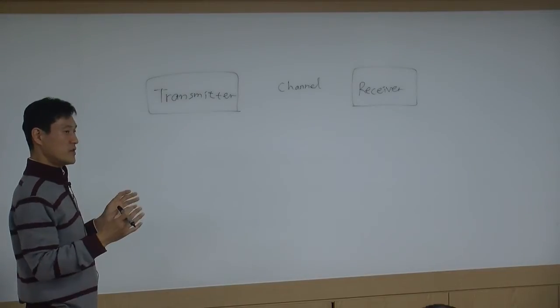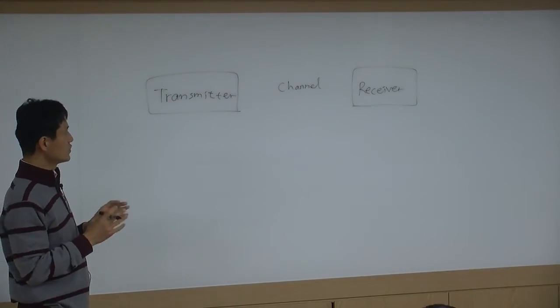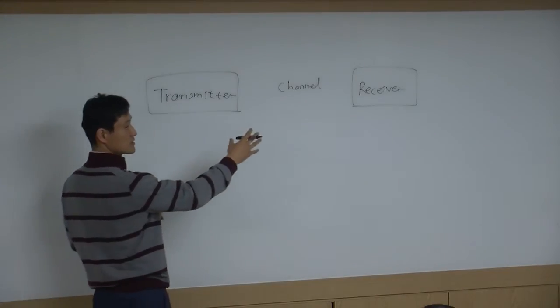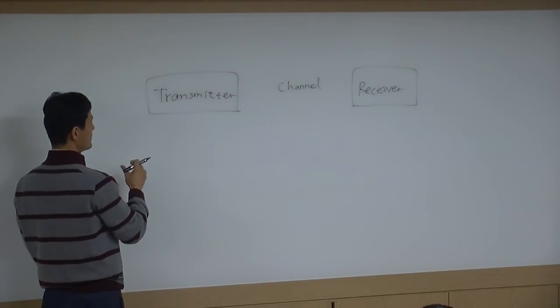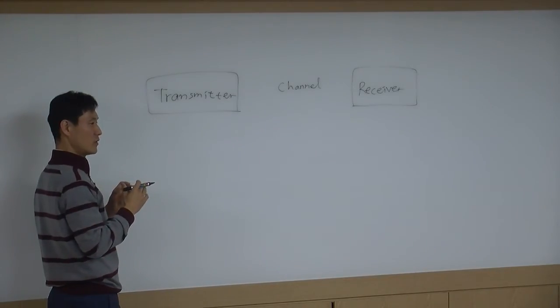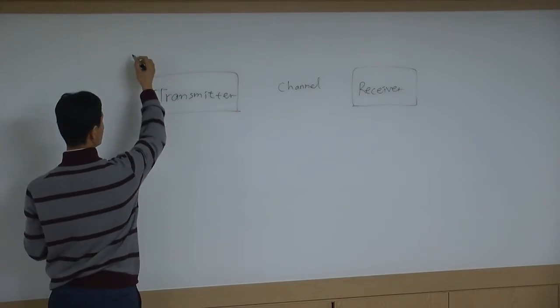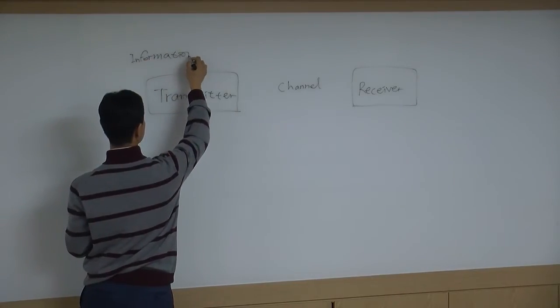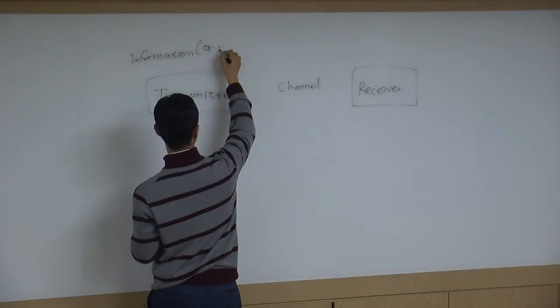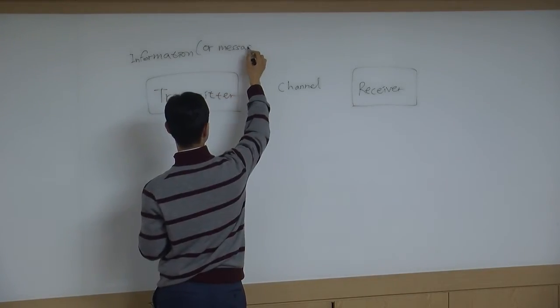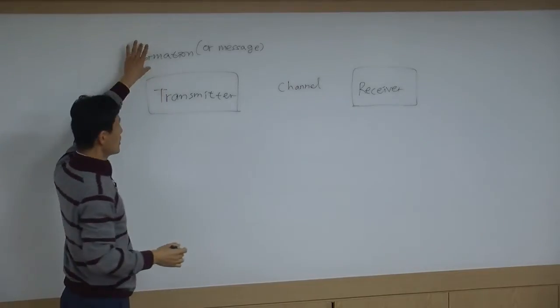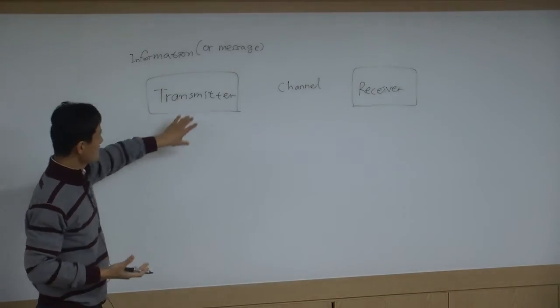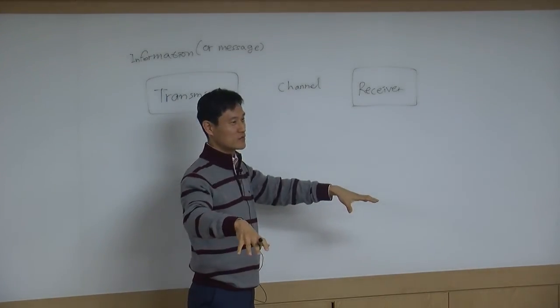But in order for communication to happen, in addition to this you need to have information or message. Because if you have no information, then the transmitter and receiver are just sitting there doing nothing.